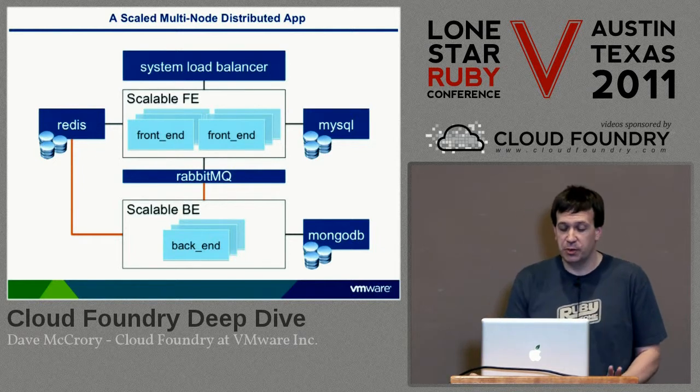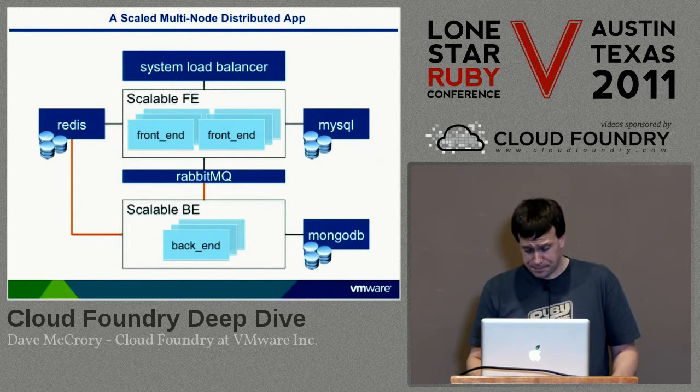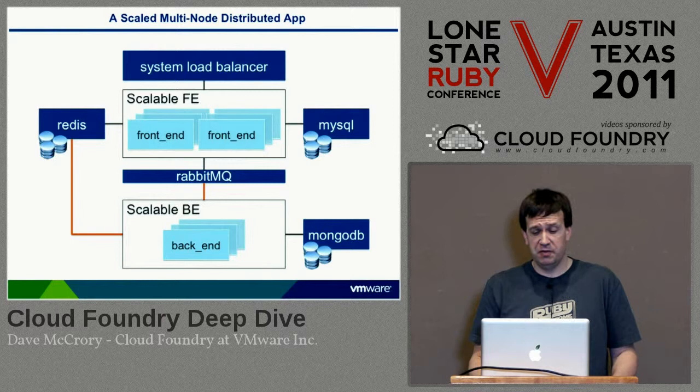We have MySQL and we have MongoDB in this example, and there's a load balancer above them, and there's a front end and back end. And so this would probably represent weeks and weeks of configuration, and even if you were using scripted deployment tools and things, it would be just super complicated.